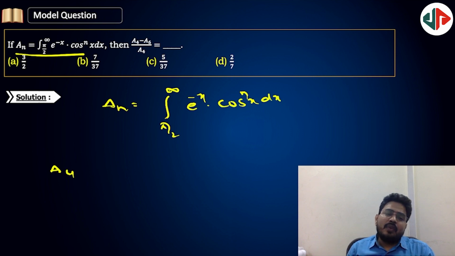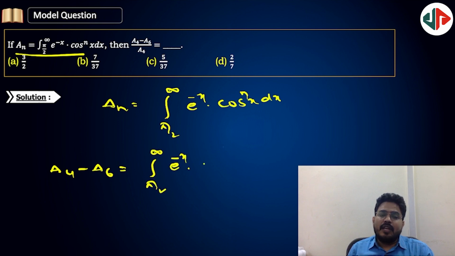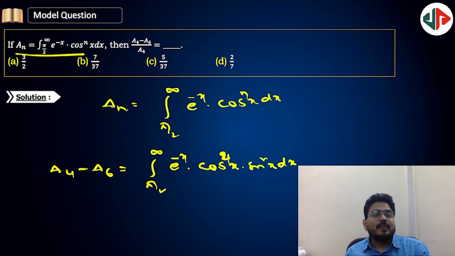Okay, here now a4 minus a6. Let me write a4 minus a6: integral pi by 2 to infinity e power minus x into cos power 4x minus cos power 6x. So cos power 4x common into sin square x dx. This is the value.